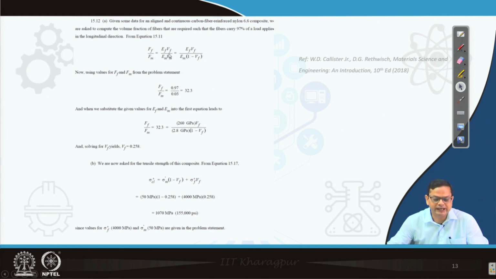From the AF value you can divide by AC, you get VF, and AM over AC you get VM. That is how you get this equation, FF over FM.